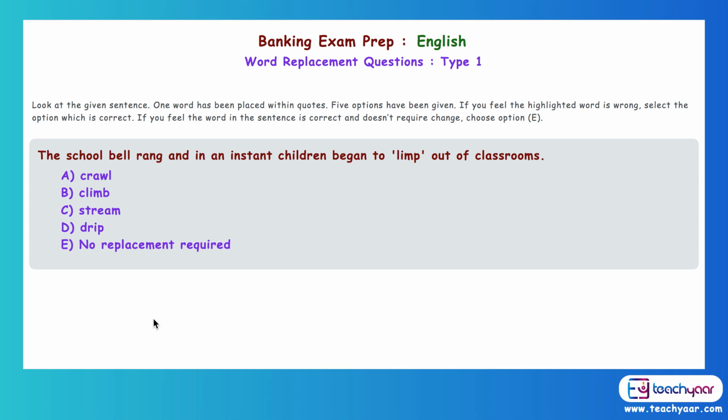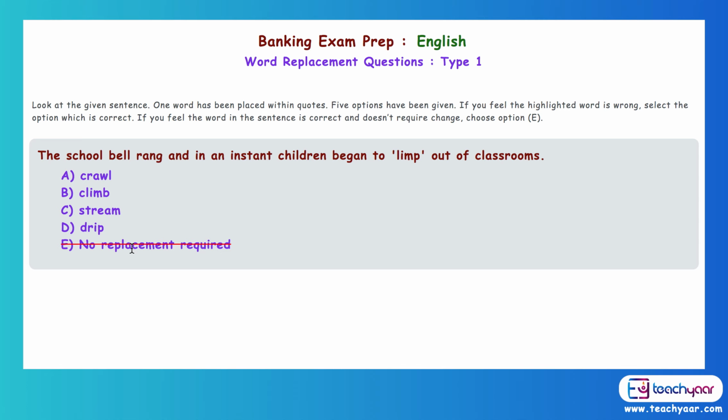So that's not the way children come out of classrooms. So limp is wrong. Because it is wrong, you automatically know that the option E, no replacement required, is not needed. So you can just delete it. So now we are left with only 4 options.